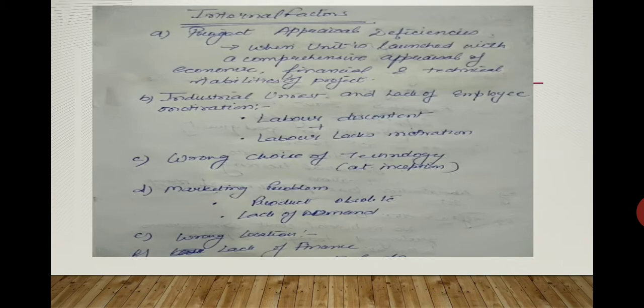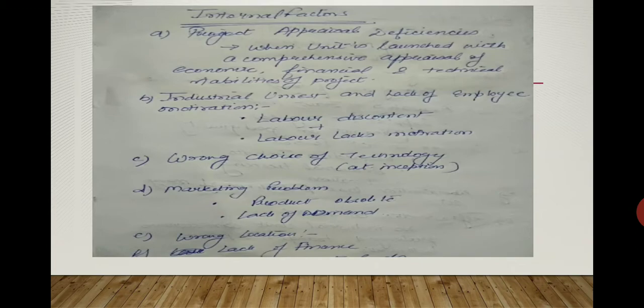Next is industrial unrest and lack of employee motivation. Here the labor is having discontent, maybe because their wages are not getting enhanced, because they are not getting any sort of benefit from the organization. They need to work overtime, and the overtime amount which the company is paying is not much as compared to the efforts put in by the labor.